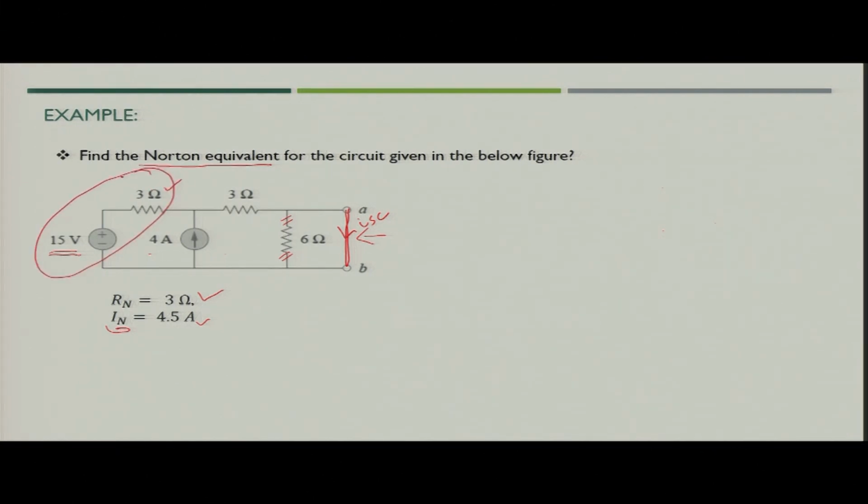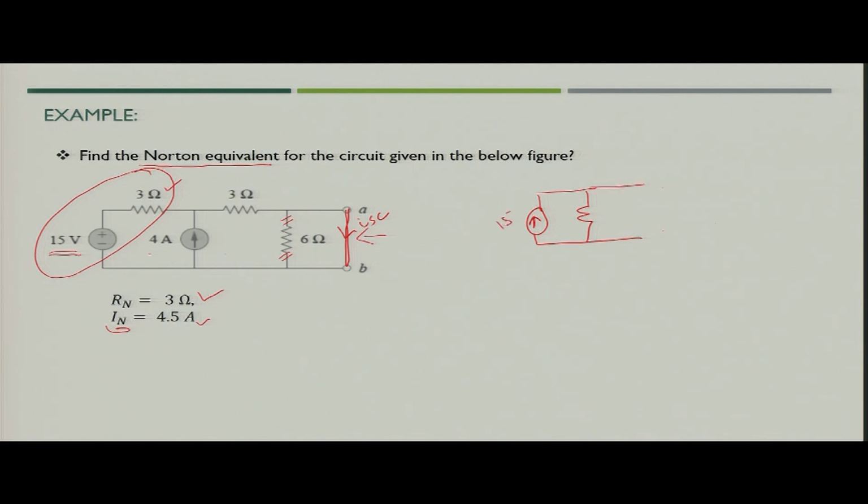Now, if you see this particular segment of the circuit, it is nothing but a voltage source in series with one resistance. You can apply source transformation. So, what will happen? You will convert this into a current source in parallel with a resistance. What would be the value of this current source?